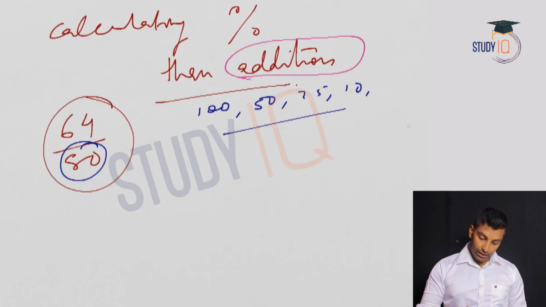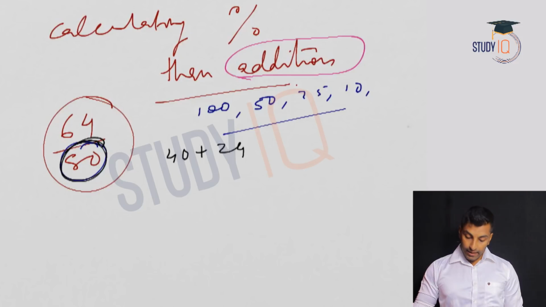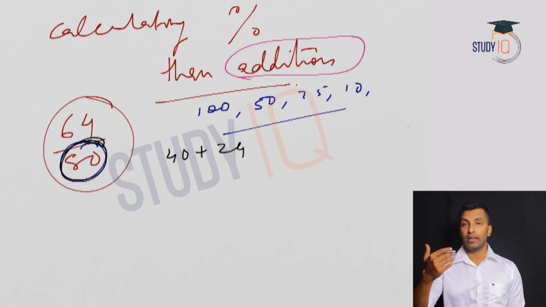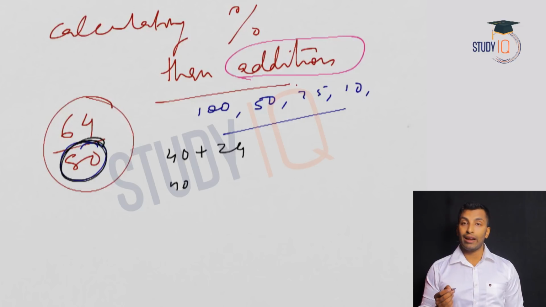So what is 50% of 80? 40. So 64 you can write as 40 plus 24, right? Now you understood that this is 50% and more. Now this 24 you can write as 20 plus 4.